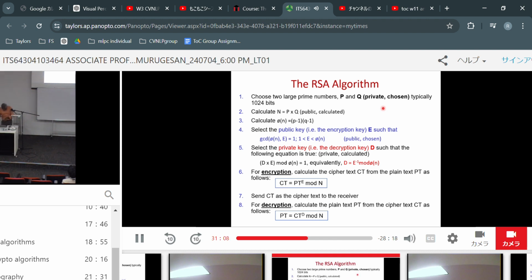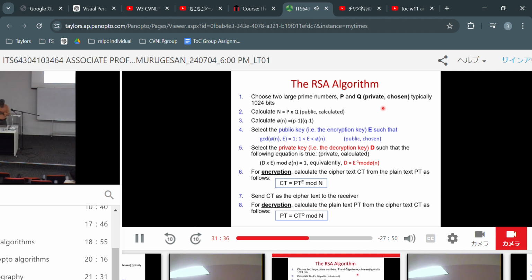When I press a key, whether it is an alphabet, numeral, or special character, an 8-bit value goes to memory to be processed. So one character is 8 bits. You can see what 1024 bits means in terms of characters. So P is a 1024-bit prime number, and Q is a 1024-bit prime number.